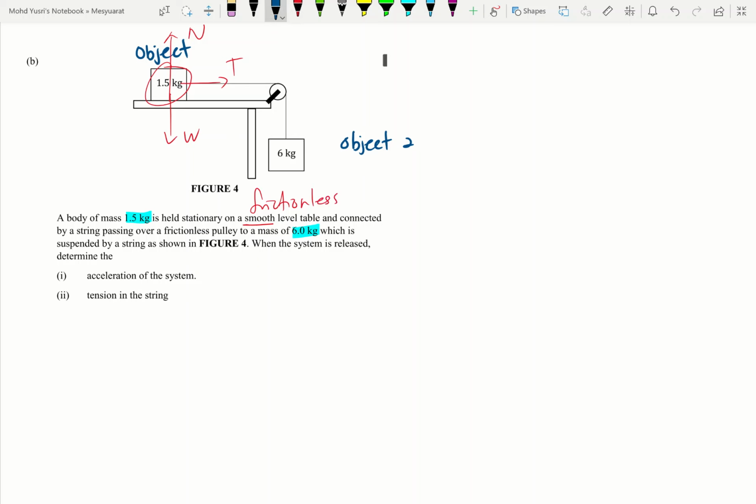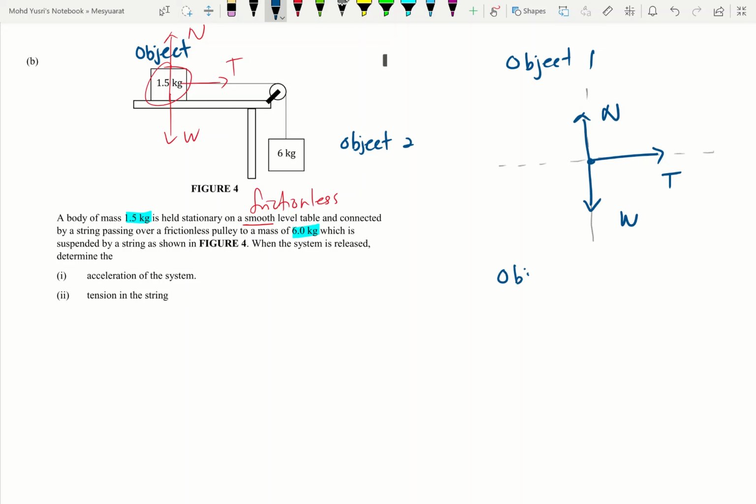So the free body diagram for object 1 is tension to the right, normal force upward, and weight downward.